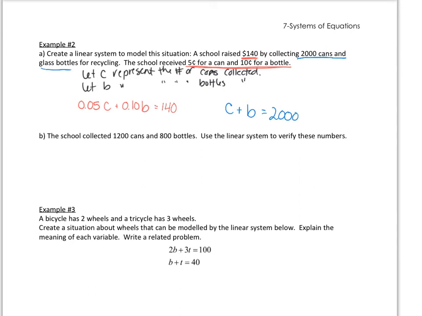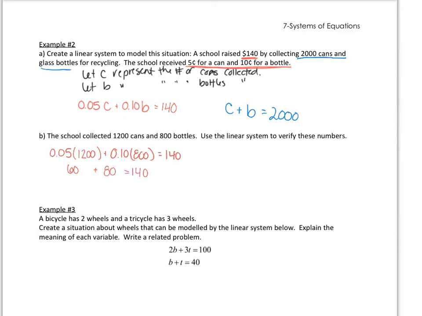So the school collected 1,200 cans and 800 bottles. Use the linear systems to verify the numbers. So sub into both of your equations here. So 0.05 times the number of cans, which was 1,200, plus 0.10 times the number of bottles, which is 800, should hopefully equal 140. So working to solve here, I get 60 plus 80 equals 140.